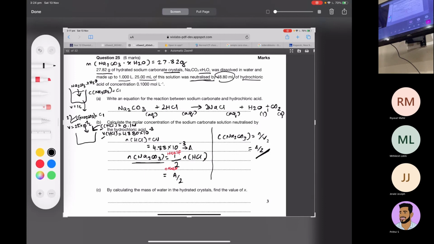You sure? Would it be 25 plus 48.8? You know what you're going to find next. So if you put your hand up, you think you're going to use 25 plus 48.8, or not?